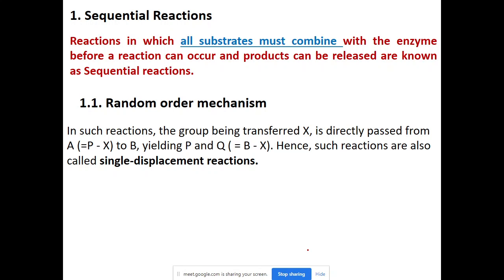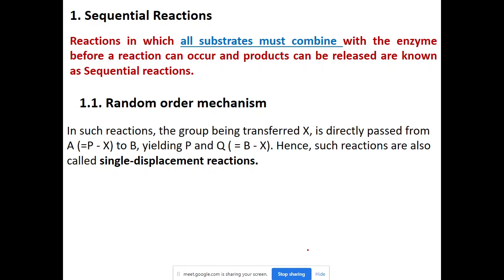This is known as a sequential reaction. The simple thing to remember is that for a sequential reaction, whether there are 2 substrates, or 3, or 4, all the substrates must bind to the enzyme before the product is released.